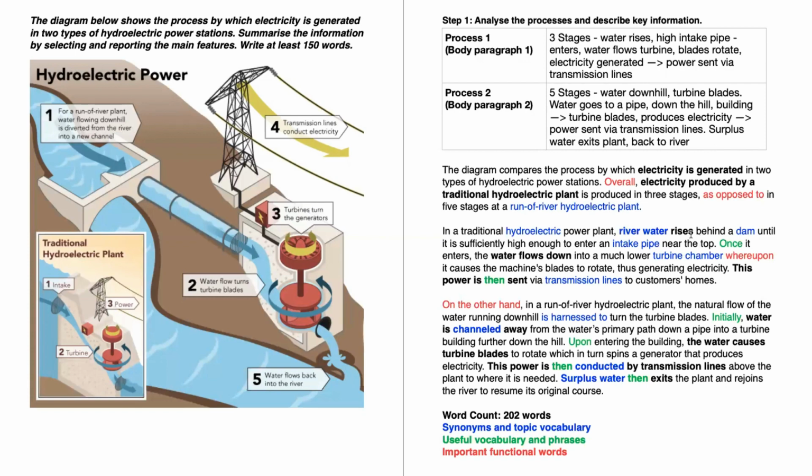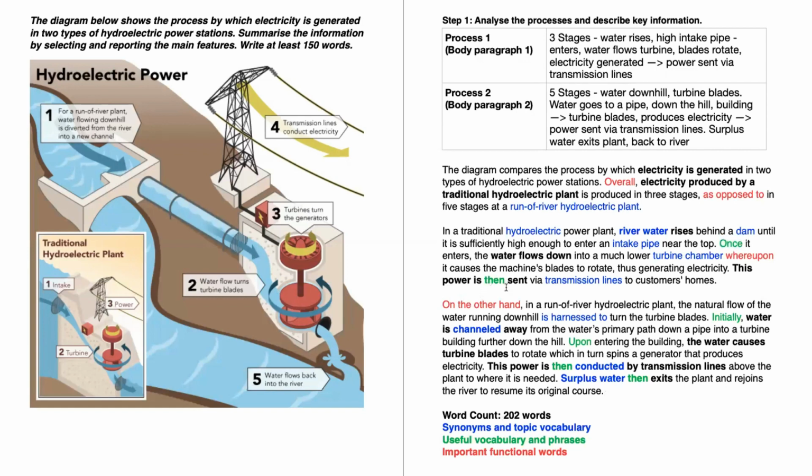I've emboldened this because it is the active, so it's the difference between active and passive like we looked at earlier in this video. So the river water rises behind a dam. Again, this is just from outside knowledge and vocabulary. For our useful vocabulary and phrases, I have some sequencing here. So I have once and then.